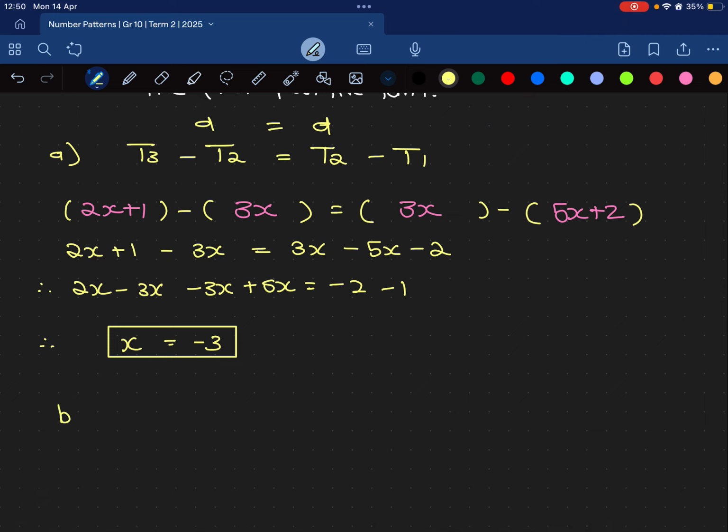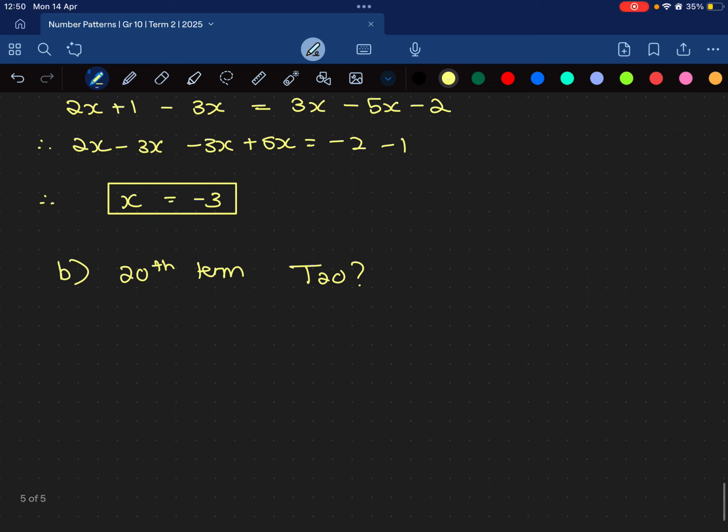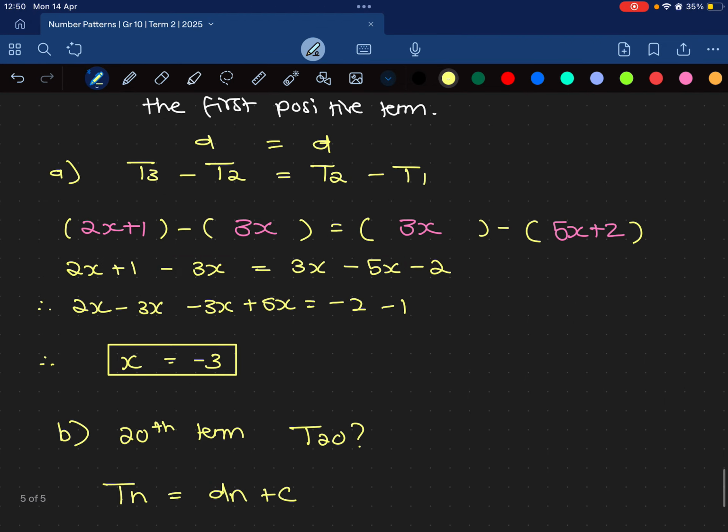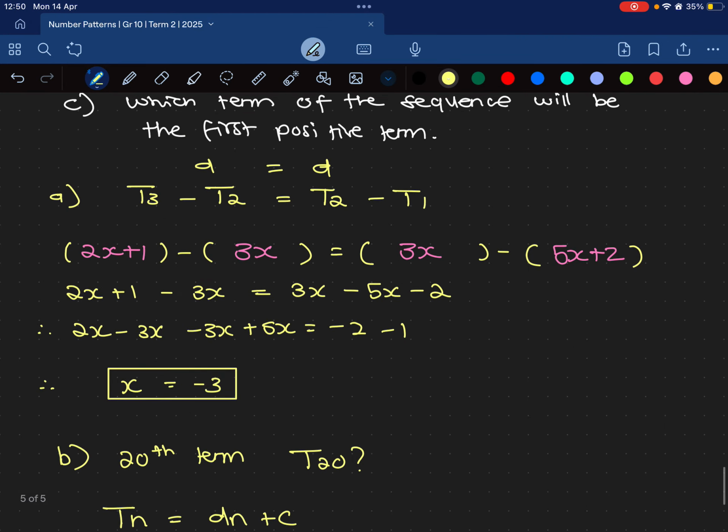Then it says we must determine the 20th term. So they want T20. You can't solve for T20 if you don't know what Tn is, so let's start with that. Tn is dn plus c. Now, we don't know what the difference is.